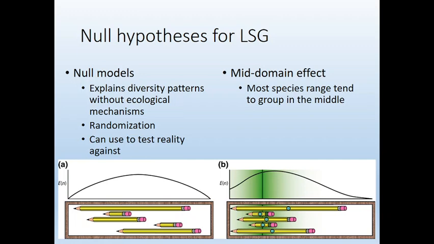So you might ask the question, well, which one of these hypotheses is true? And realistically, you can find evidence for the mid-domain effect. You can find evidence for evolutionary hypotheses, for ecological, for historical hypotheses. So it's not just any one thing here.